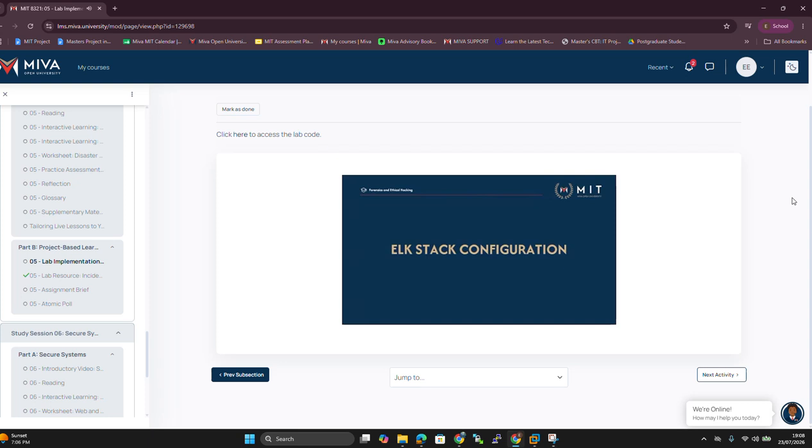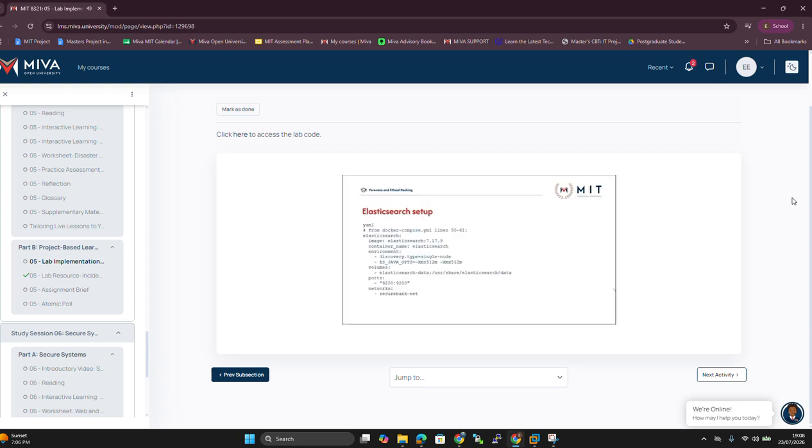So we'll begin with Elastic Stack configuration. This script is a snippet that shows a YAML file for the Elasticsearch setup. This YAML file is actually from a Docker Compose.